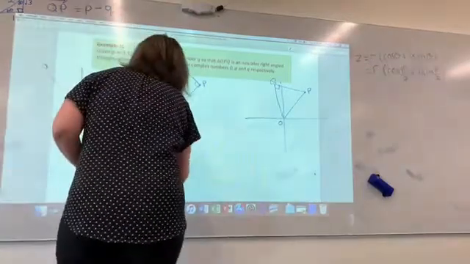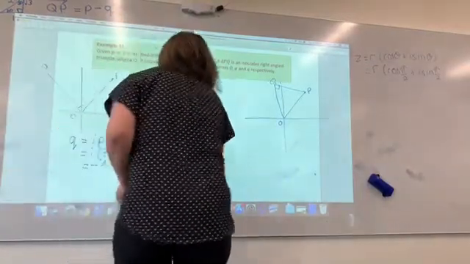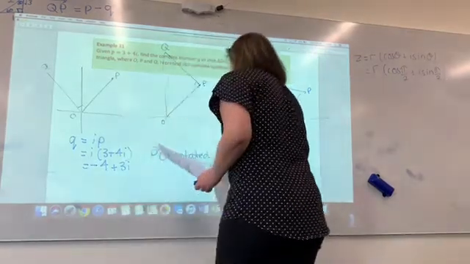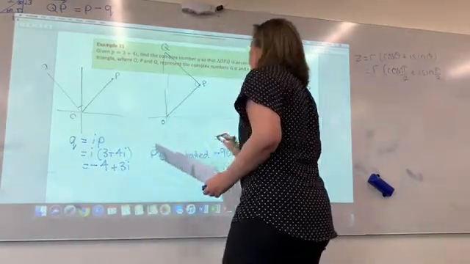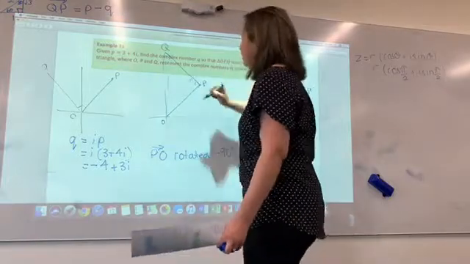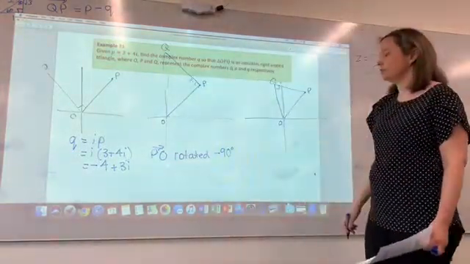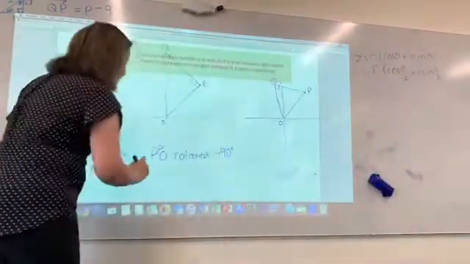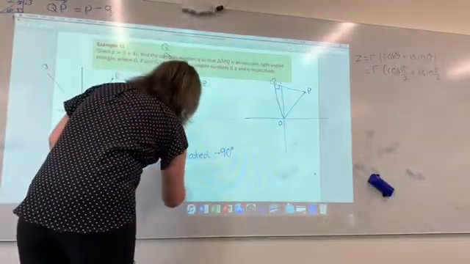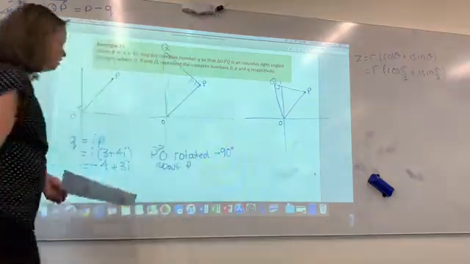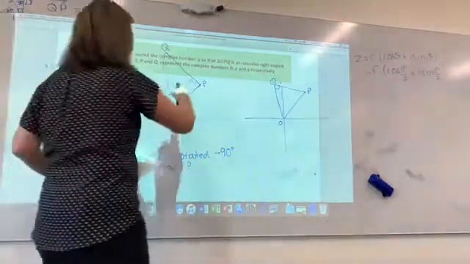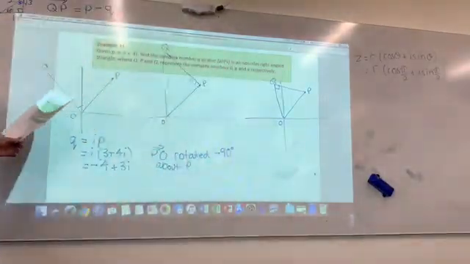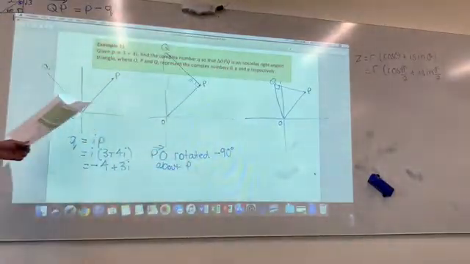So in other words, P to O has been rotated minus 90, not just 90, because we are going in the clockwise direction. So it's rotated minus 90 about the point P, not the origin, and that becomes that line there, PQ. So from P to Q.